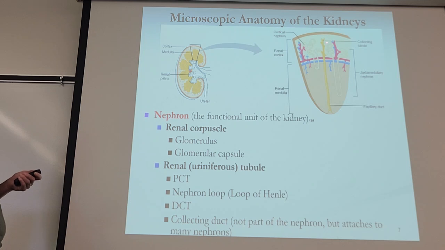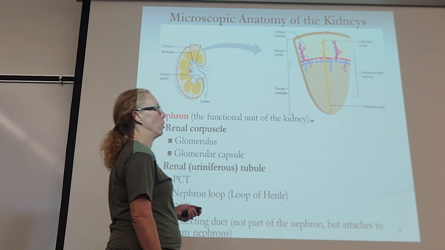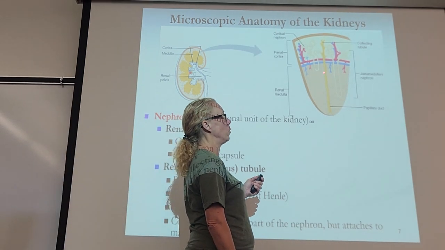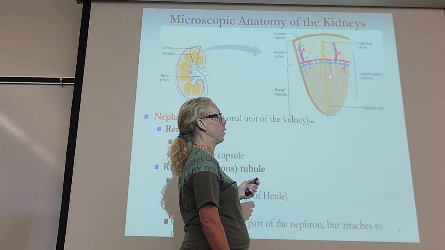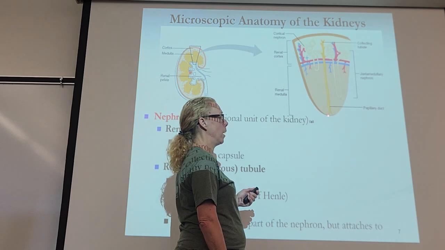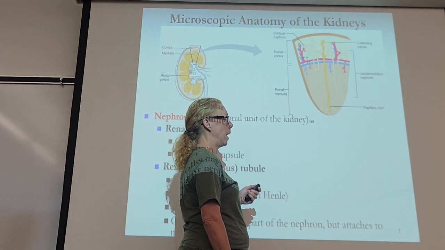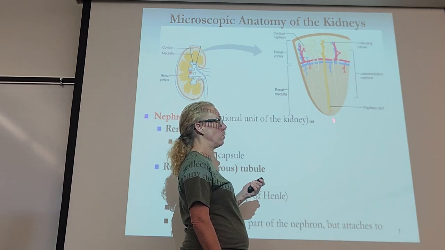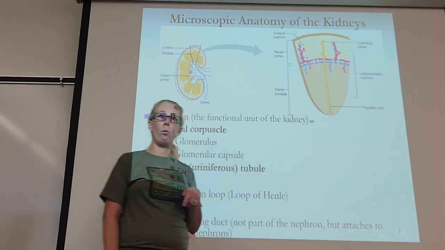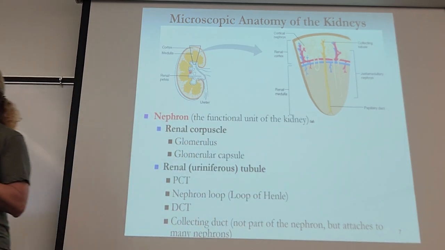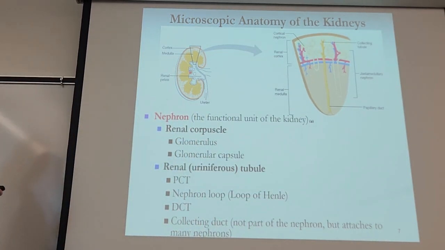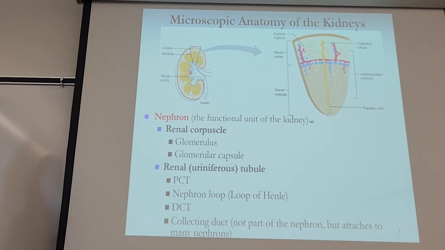So the collecting duct is basically the last tube, okay, that fluid's gonna enter, so this is gonna be your last opportunity to reabsorb anything, get rid of it or add it before it exits the papilla. Because once it exits the papilla and enters a minor calyx, at that point, it's considered urine. Okay? It's not considered urine until then. So we'll talk about that.